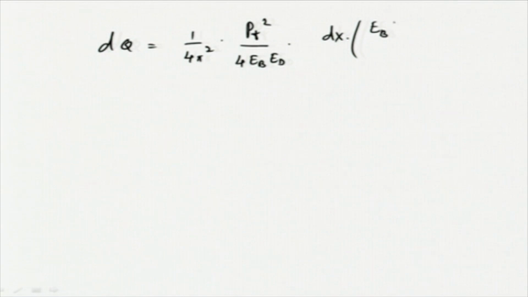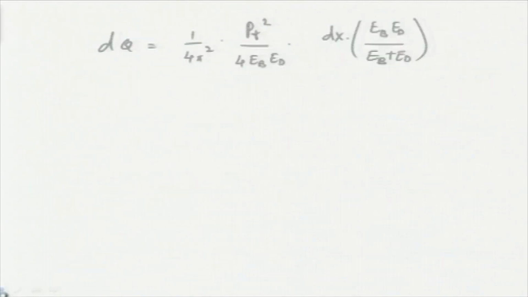Okay. Now, dQ is 1 over 4 pi square, p_f square over 4 E_b E_d, right, and dp_f is now dx into E_b E_d over E_b plus E_d.